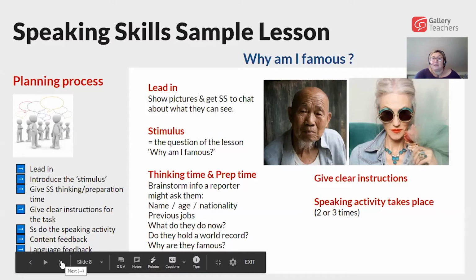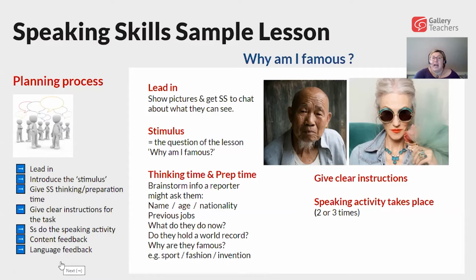So this way, the speaking activity itself might end up taking a good 10 to 15 minutes. At lower levels, we wouldn't expect the students to be able to hold and sustain a 10-minute conversation, but they can certainly hold a 3-minute conversation 2 or 3 times.